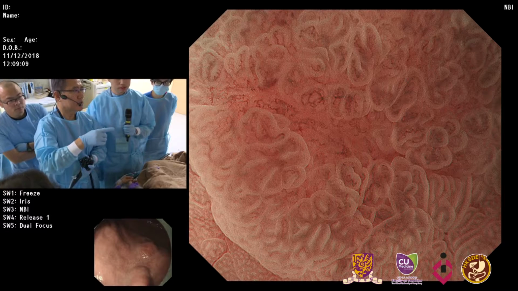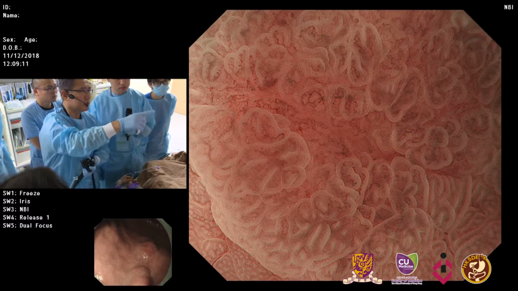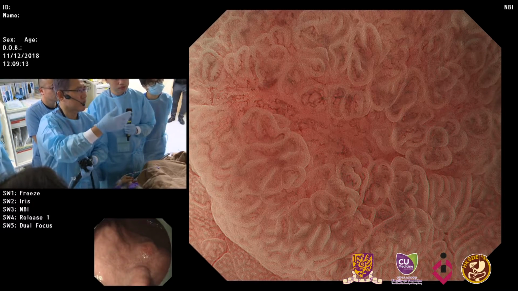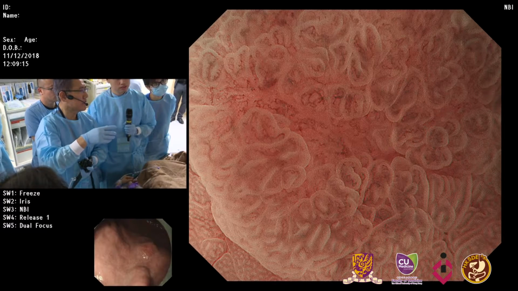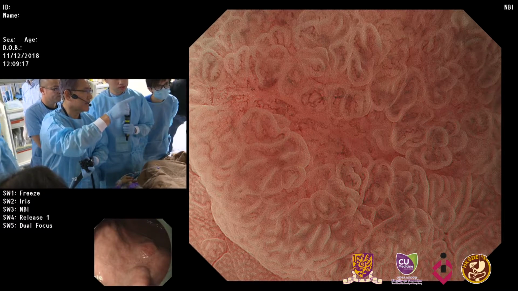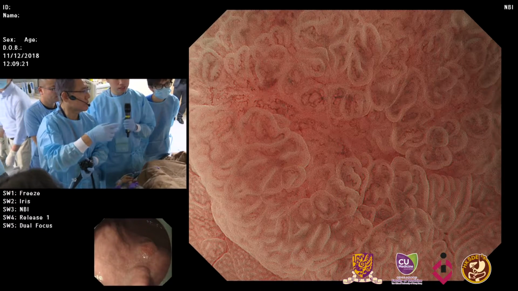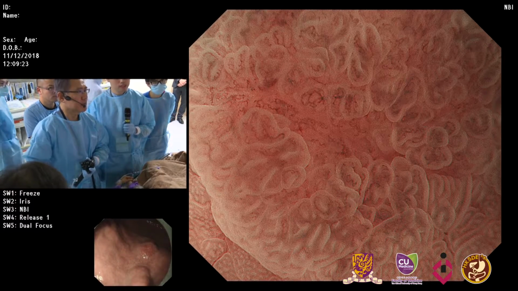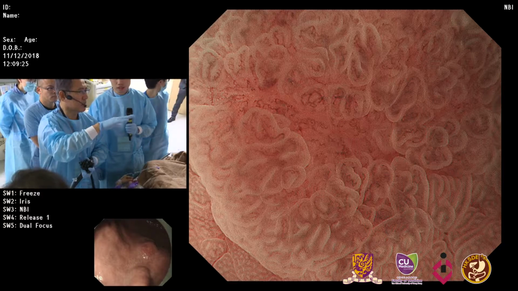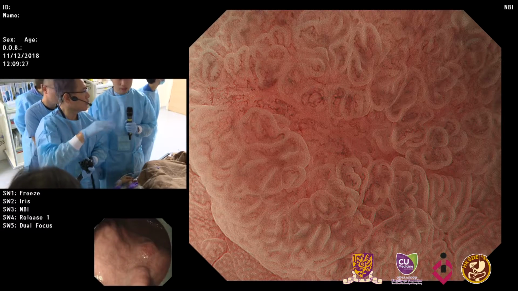In addition, of course, the central part is somewhat influenced by biopsy, but the microvascular pattern at the edge shows more irregularity than low-grade adenoma. But the main part is quite compatible with low-grade adenoma.